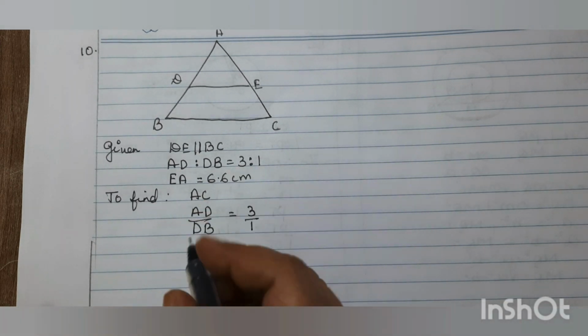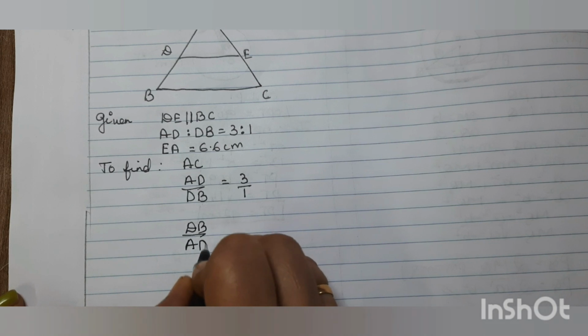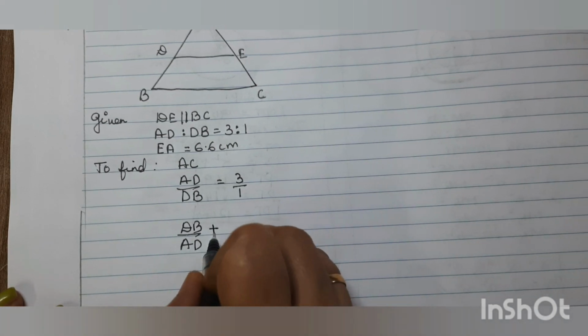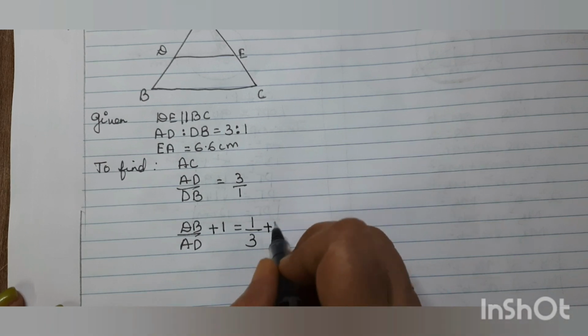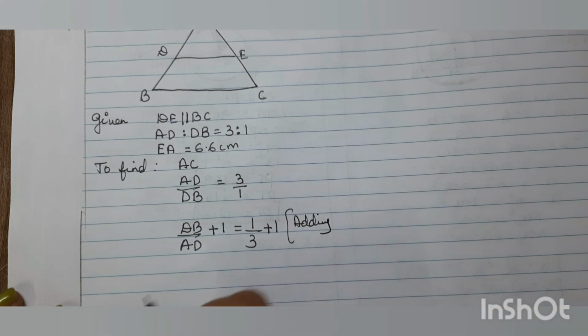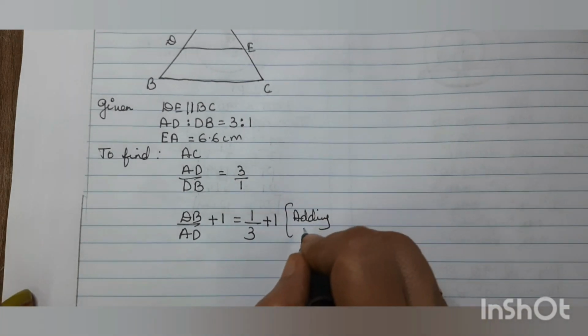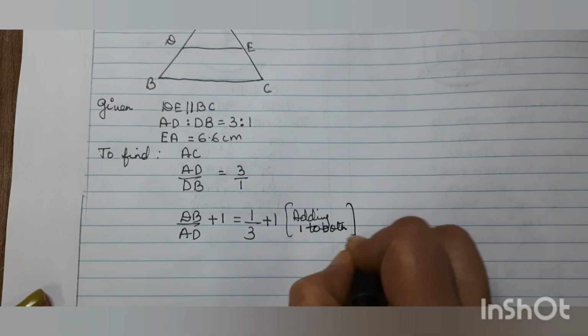Fine. So I'll take the reciprocal, we'll get DB by AD is 1 by 3. Adding 1 to both sides. Why did I do the reciprocal? I'll tell you. Adding 1 to both sides. So what do we get here?